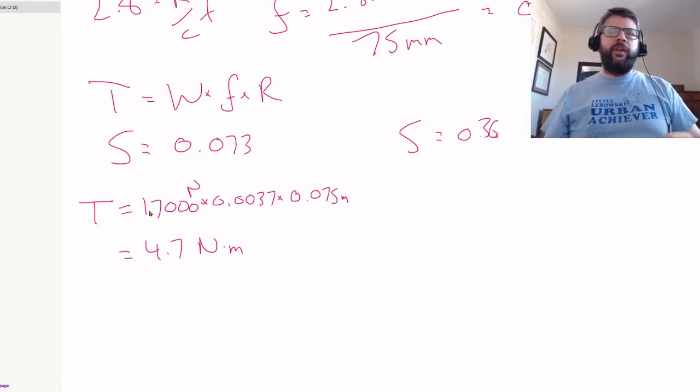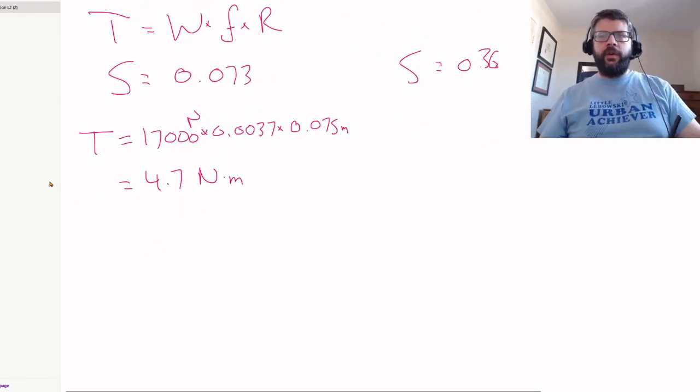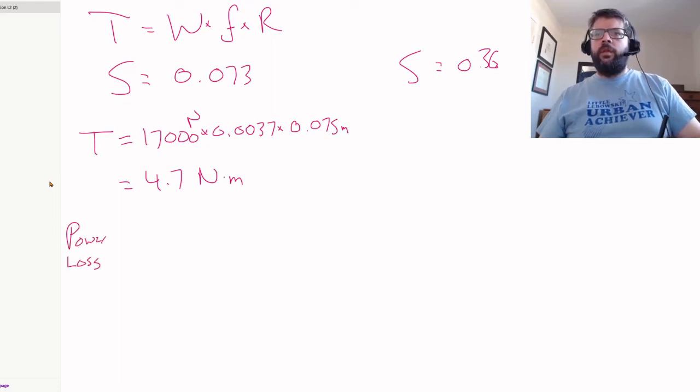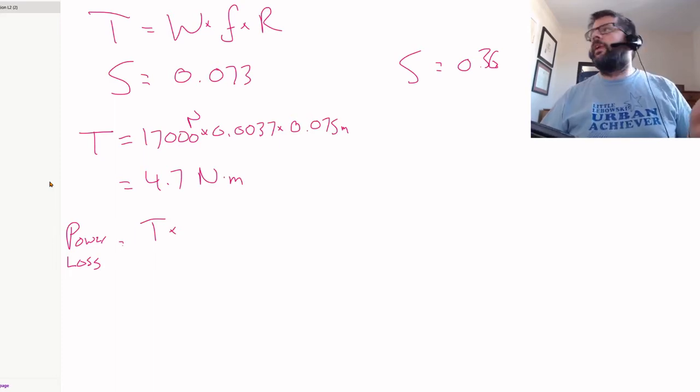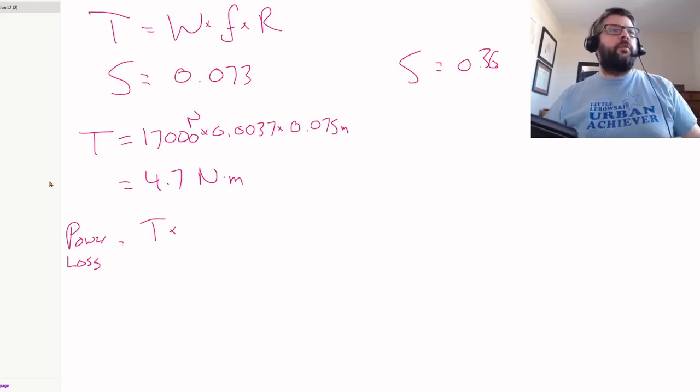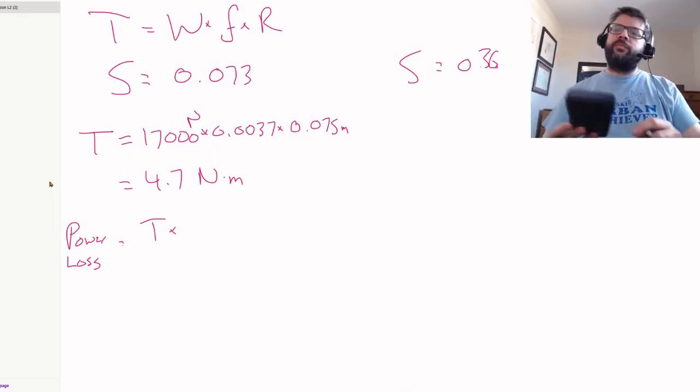So that's a torque we need to overcome if we want to figure out the power loss. That's going to be equal to the torque times the speed in radians per second. The charts are all normalized to revolutions per second, but for power calculations we need radians per second. I'm not sure why they didn't just normalize the charts for radians per second instead. Who knows?